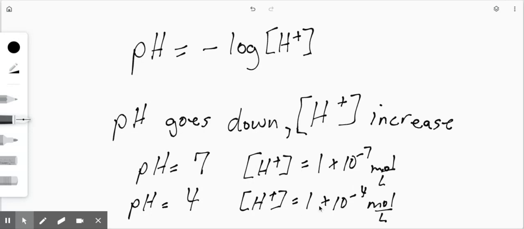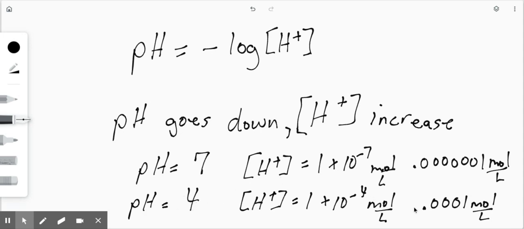Which one of these is a bigger number, just looking at the numbers? That's correct. This equates to 0.0001, and this equates to 0.0000001, I believe. So you see, this is a much smaller amount of moles per liter than this. So do you see how 4 is more acidic than 7?